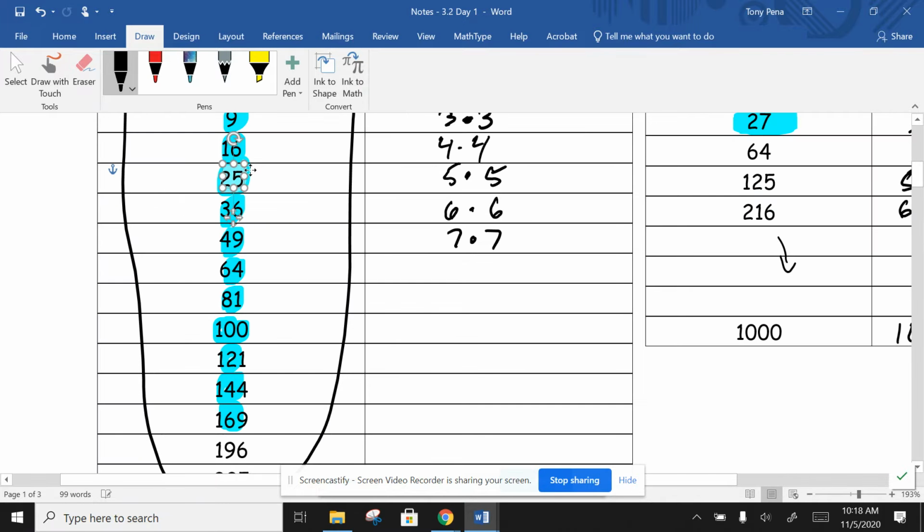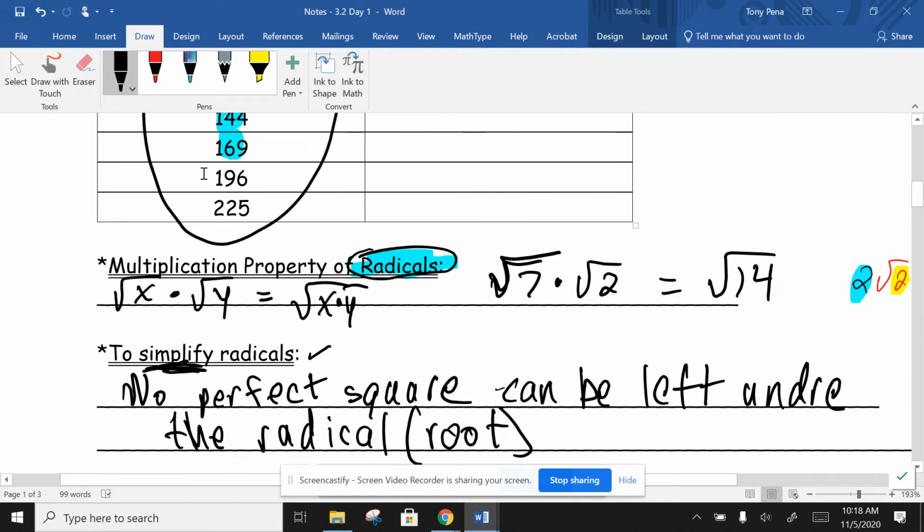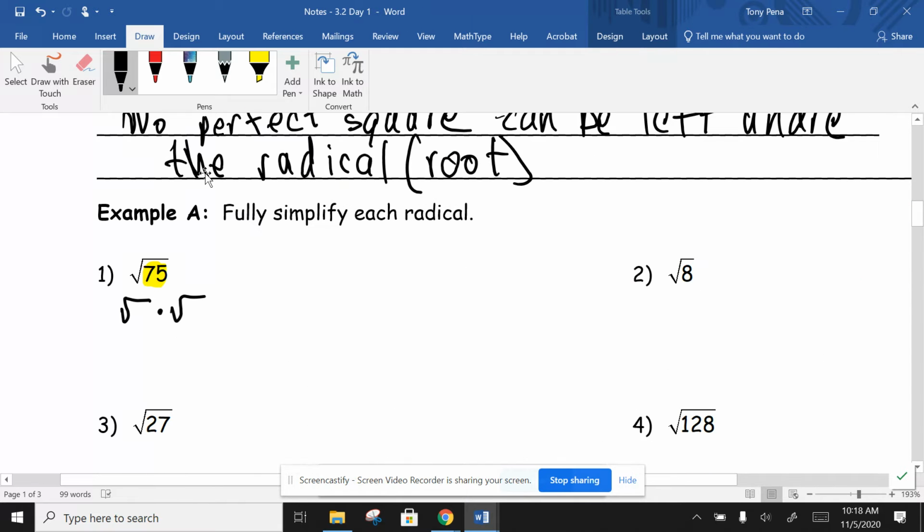So if you look at this 25 right here, 25 is definitely a factor of 75. So what I'm going to do is say this is 25 multiplied by 3. If I did 25 and 3, I get 75. So a root 25 times a root 3 would give us a root 75. You know this, we deal with it a little bit in Math 1. I know you do this in junior high as well.